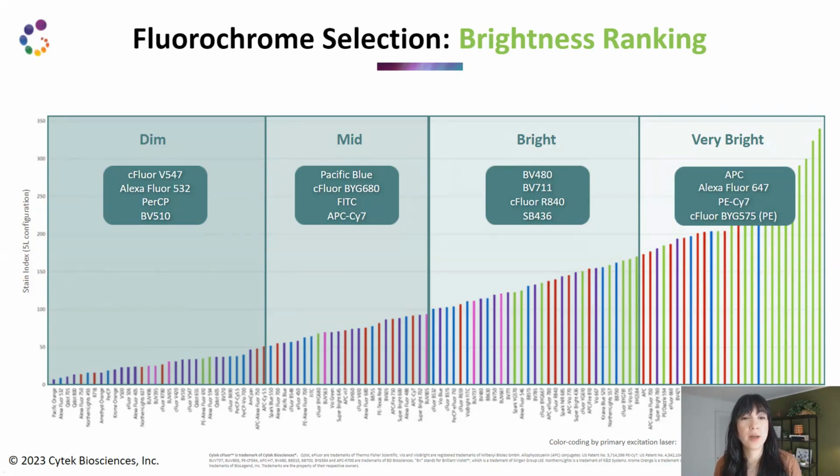And if you're looking at one on the left side of the chart, that's a very dim fluorochrome. So use this as a general estimate. It is a continuous scale. You can see, even though we've boxed it into 4 categories, it's a continuous value. And these can be helpful as you're designing your panel.